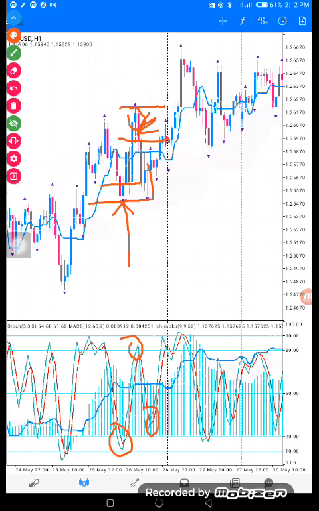You enter again, going up here. You see the first bullish candle. You enter, put your stop loss below the previous candle, and then hold the trade. Because the MACD is going up, you follow it up and take your profit.